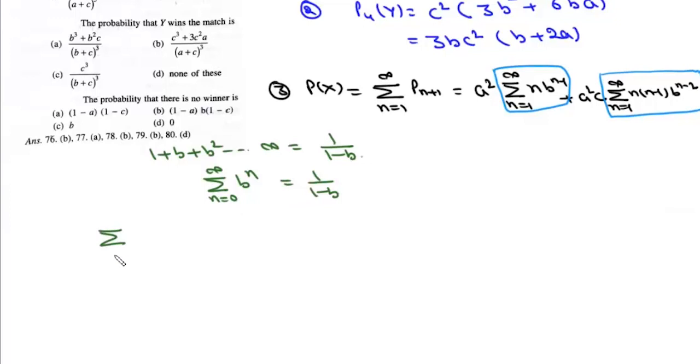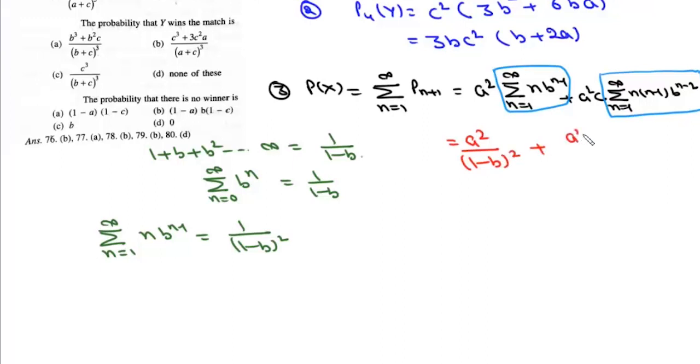We'll get the summation, n varying from 1 to infinity, of n b to the power of n minus 1, and here it will be 1 upon 1 minus b whole square. So the expression for the first series will be A square upon 1 minus b whole square.